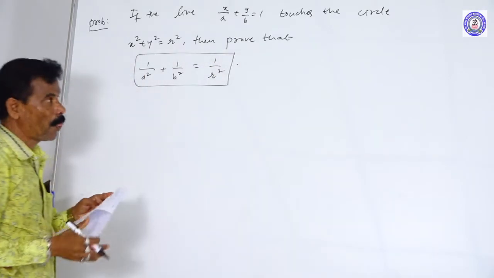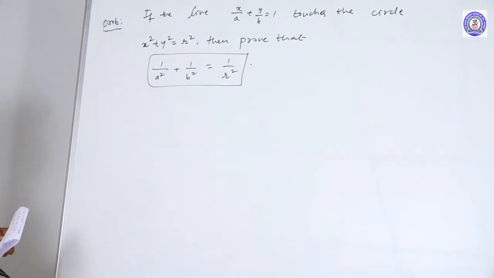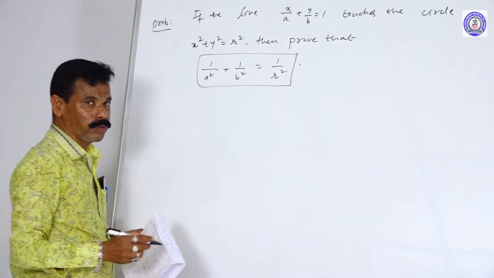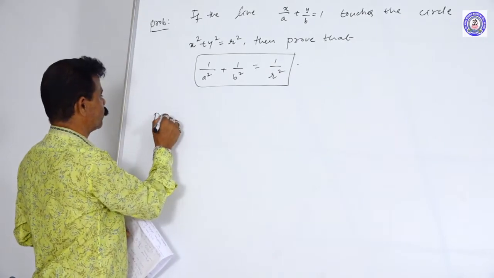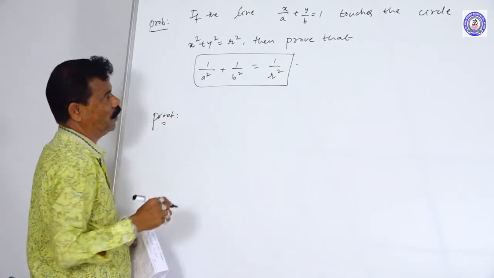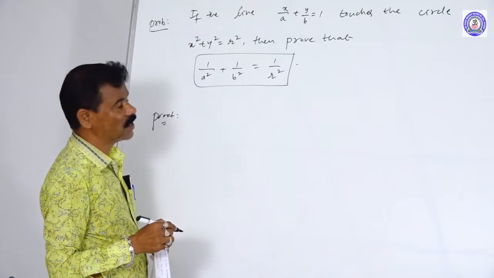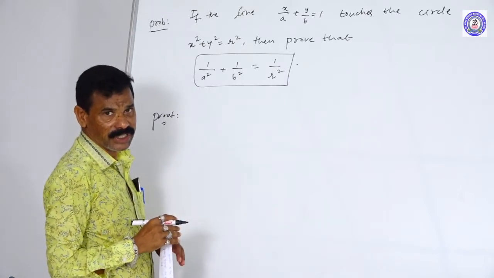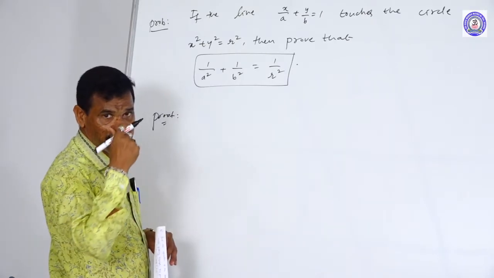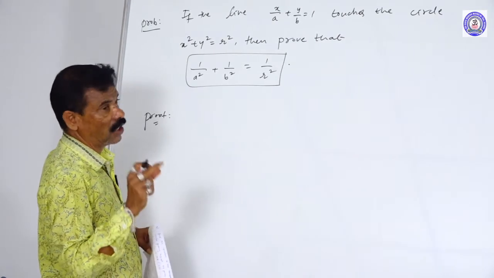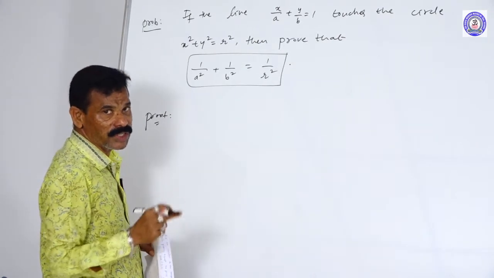Prove this. Here one line is given, one circle is given, both are touching at only one point. Then the condition is what? R is equal to D. R = D is the condition.